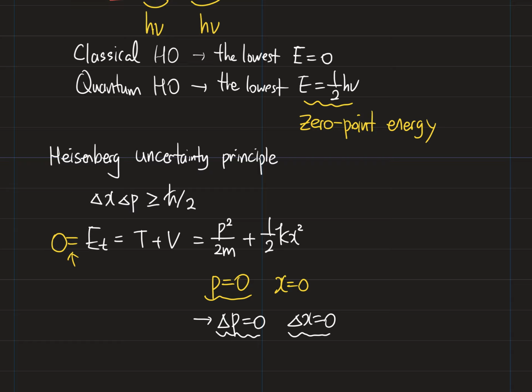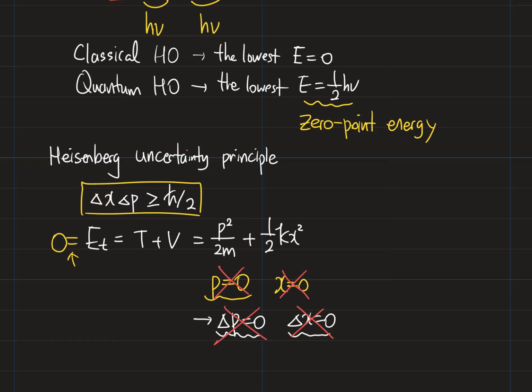But we know that the Heisenberg uncertainty principle is a fundamental principle. This is not a limitation of our measurement. So we know that this is not possible. That means both the position and the momentum cannot be 0 simultaneously.